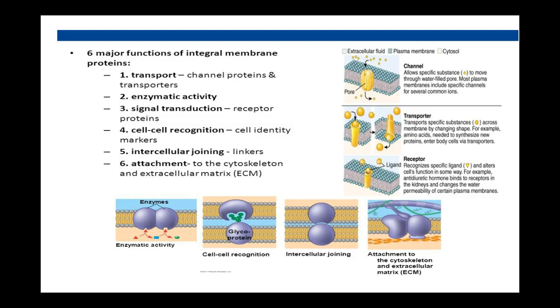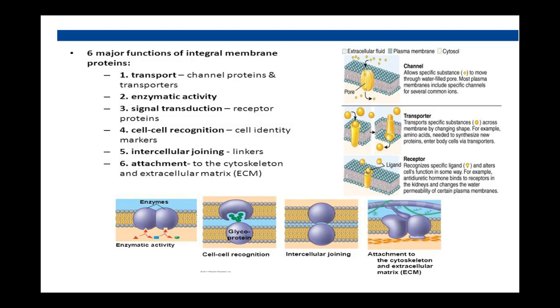And then at the bottom right, you have a protein in the plasma membrane that allows the external matrix, the collagen fibers that are part of the extracellular matrix complex, to attach to the cell.